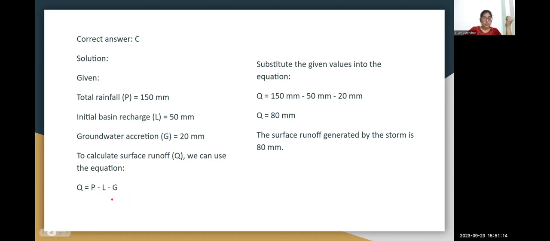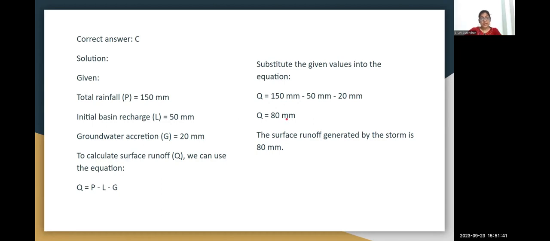The runoff is equal to inflow minus the outflow, where P is the 150 mm rainfall, I is the basin recharge 50 mm, and 20 mm is the groundwater excess. So 150 minus 70 will give you 80 mm. So the surface runoff that is generated by the storm is 80 mm.